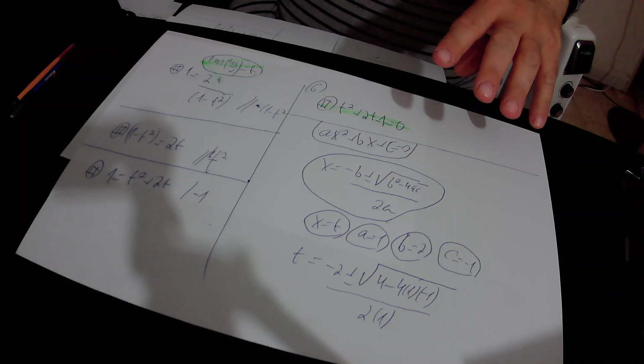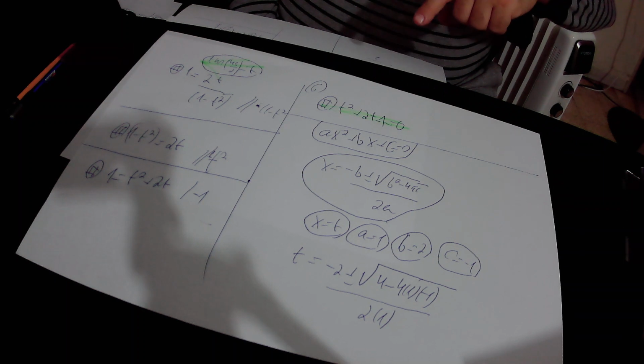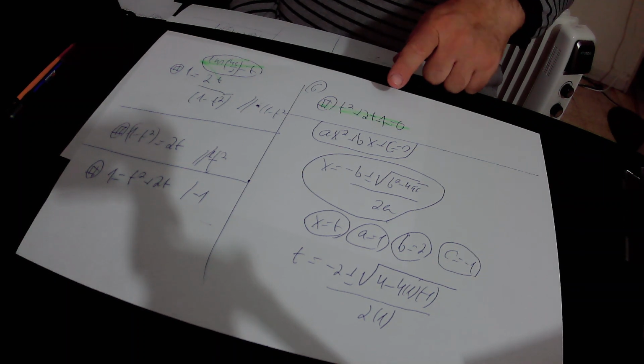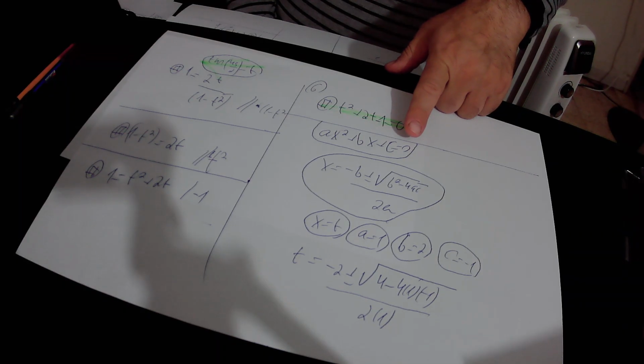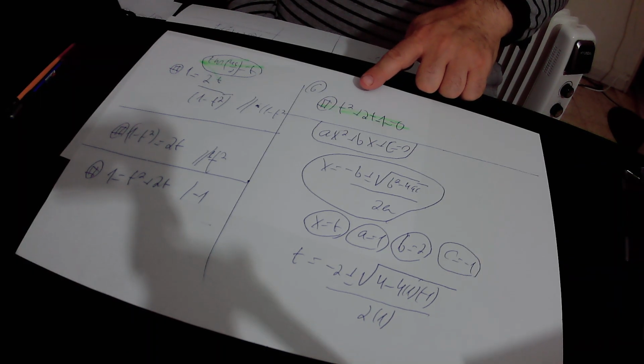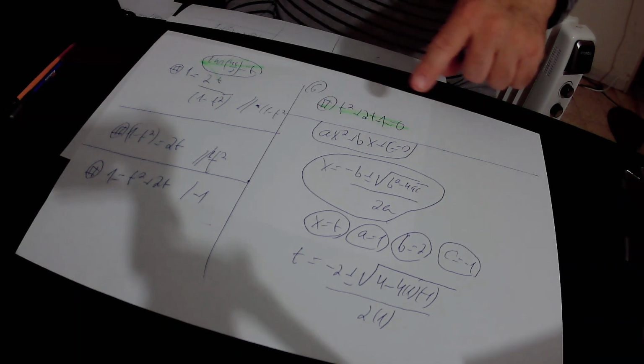So we now have to put the data that we have for our specific quadratic equation inside this general formula in order to find the values of t, because the variable that we are looking for is t, so we substitute x by t.